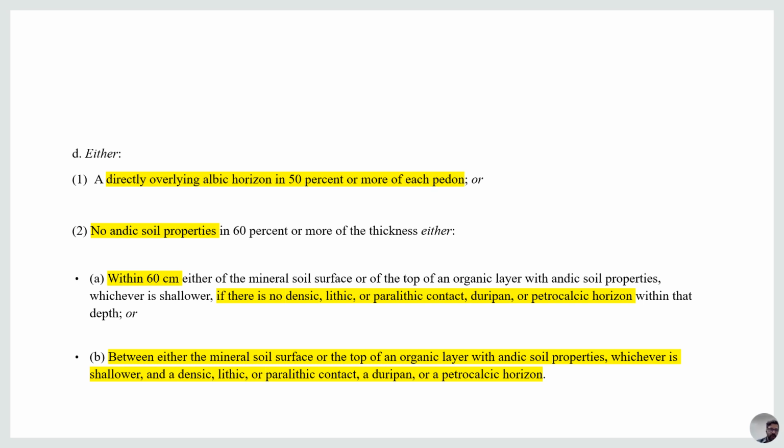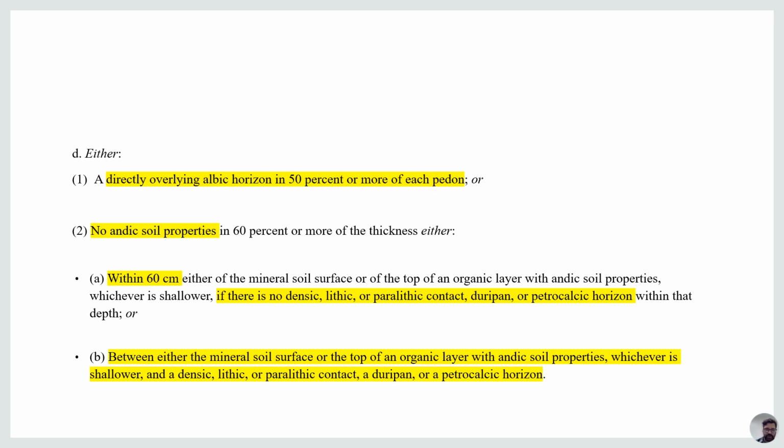Okay, so spodosols should possess less than 60% of andic soil properties, and this little presence or absence of andic soil properties should be present in a specific thickness of the soil, and this specific thickness changes according to the material below the spodic horizon.